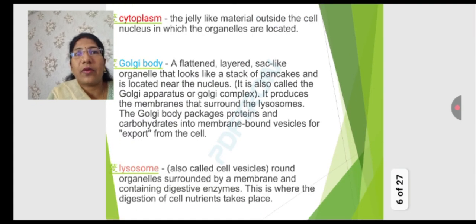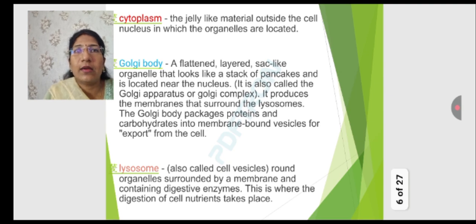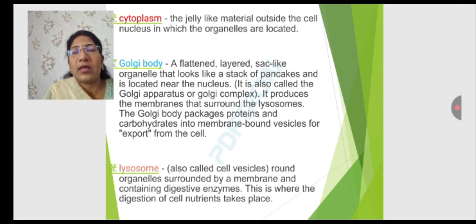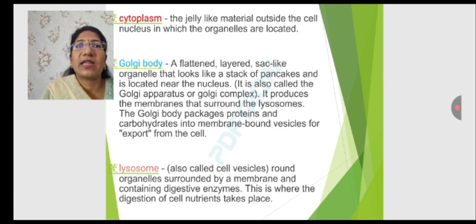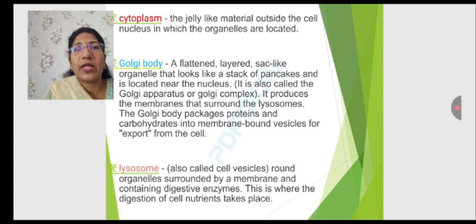Then another part of the animal cell, the cytoplasm. Cytoplasm is a most important part. This is a jelly-like material outside the cell nucleus in which the organelles are located. Then Golgi body. The Golgi body is a flattened, layered, sac-like structure that looks like a stack of pancakes, located near the nucleus.